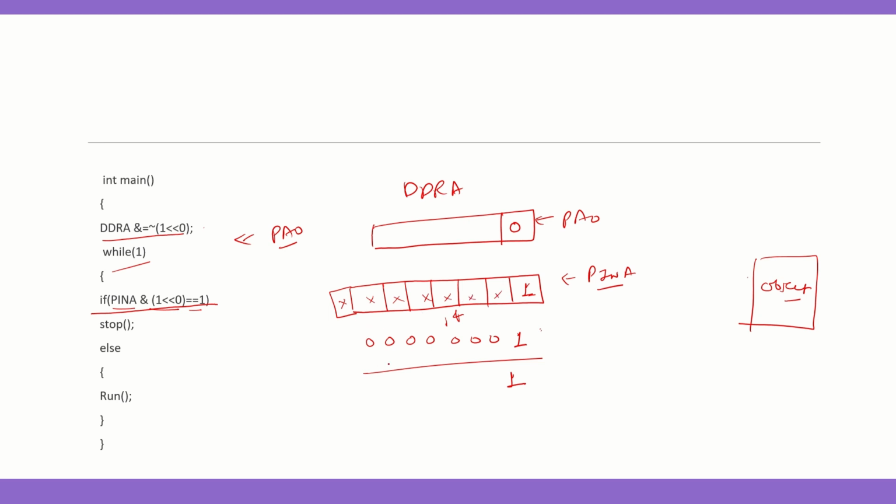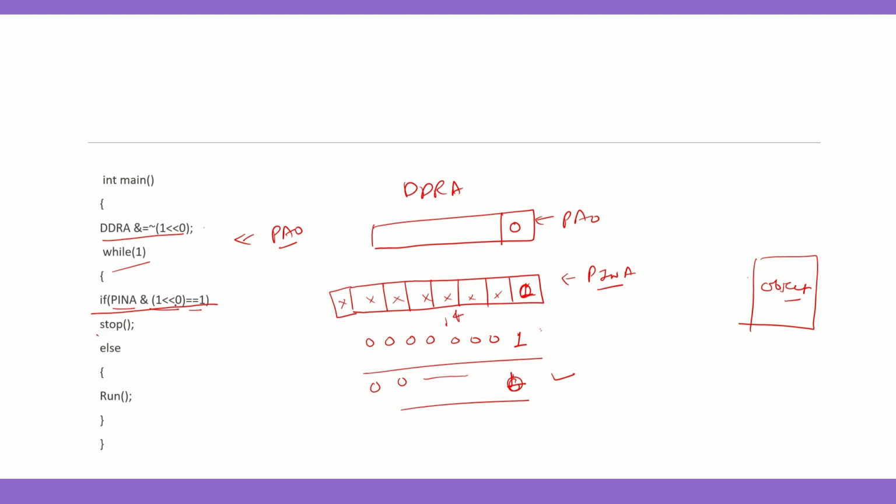So this result will be 0 0 0 0 0 0 0 1. If the result is 1, it means the object is present. If the object is not detected, this bit will be 0, and the result of the AND operation will be 0.